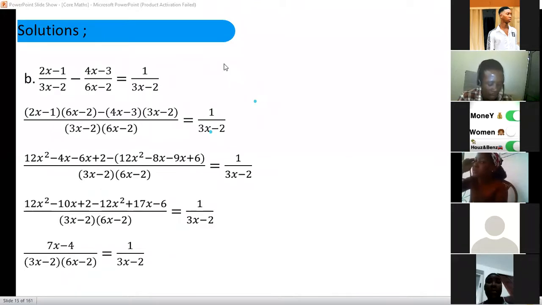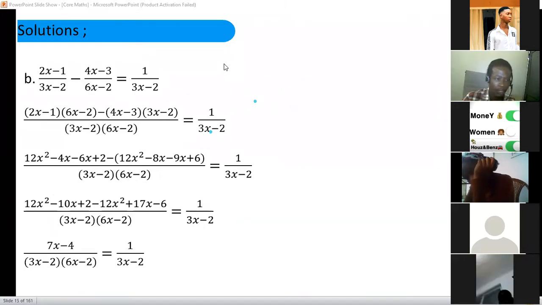So when I want to add these two fractions, I'm going to first of all find the LCM. And the LCM of these two fractions is what? 2 for Savannah, please, what is the LCM? 20. Good, 20.